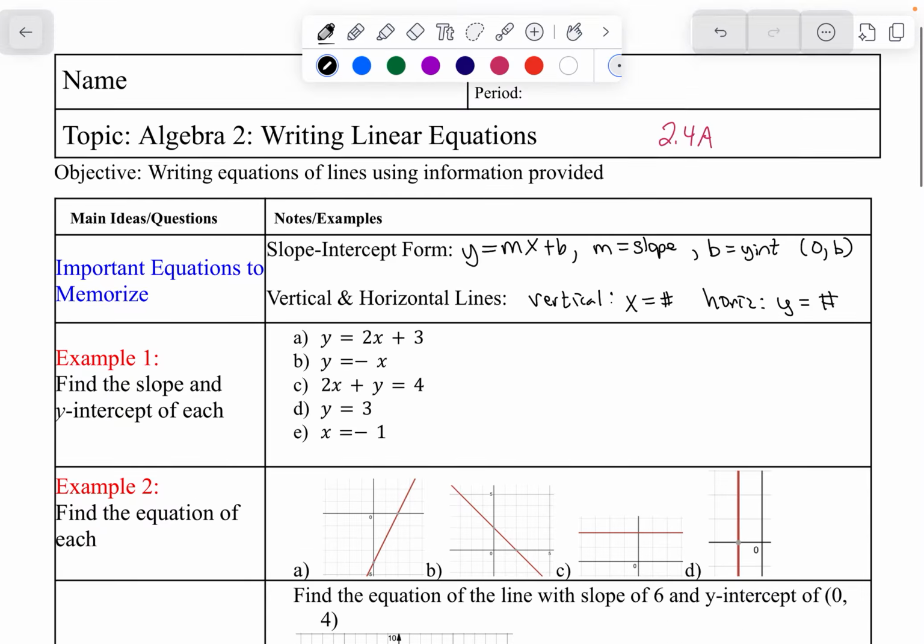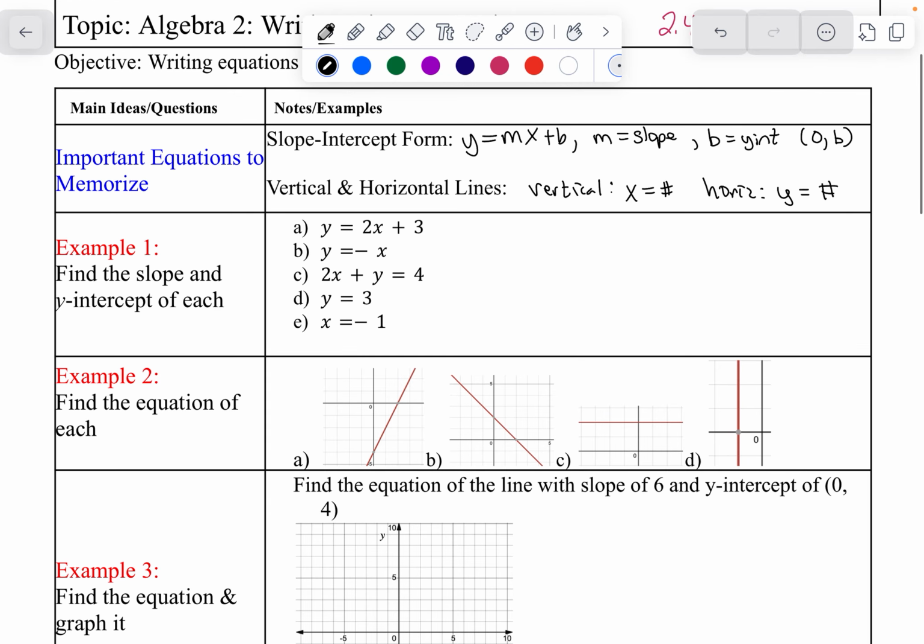Now, in this first example, we are just finding the slope and the y-intercept of each line. So if we think about our first one here, our coefficient on our x is 2. The number hanging out here by itself is 3.